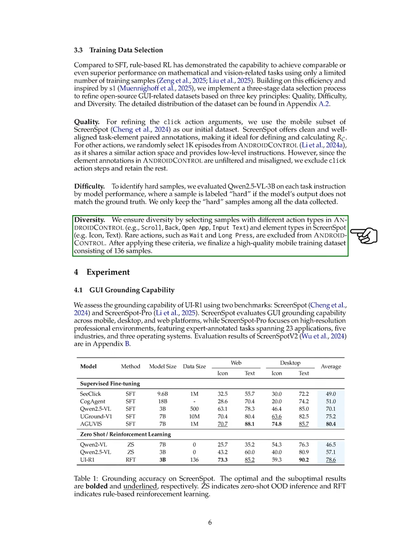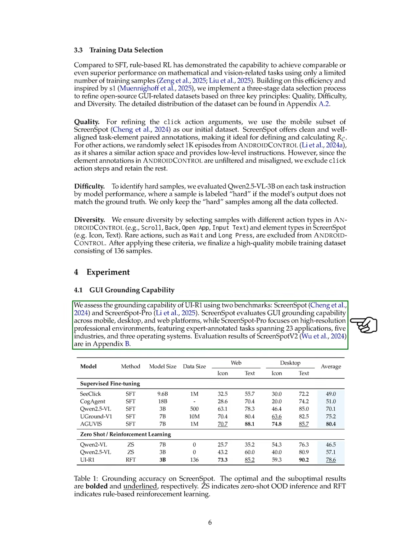For diversity, we choose samples with various action types from ANDROIDCONTROL, like scroll and input text, and different element types from ScreenSpot, such as icon and text. We exclude rare actions like wait and long press. After applying these criteria, we create a high-quality mobile training dataset with 136 samples.